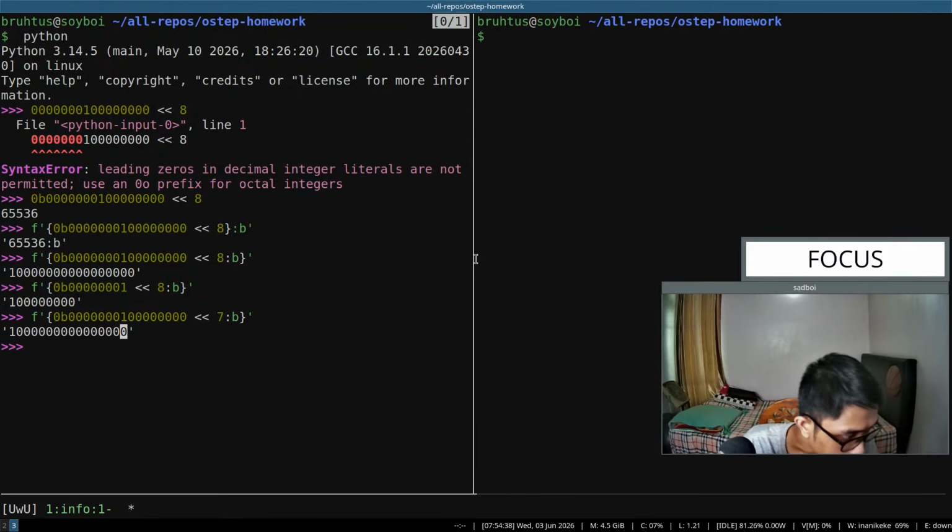Notice after 8 shifts the one jumps to the next byte address.